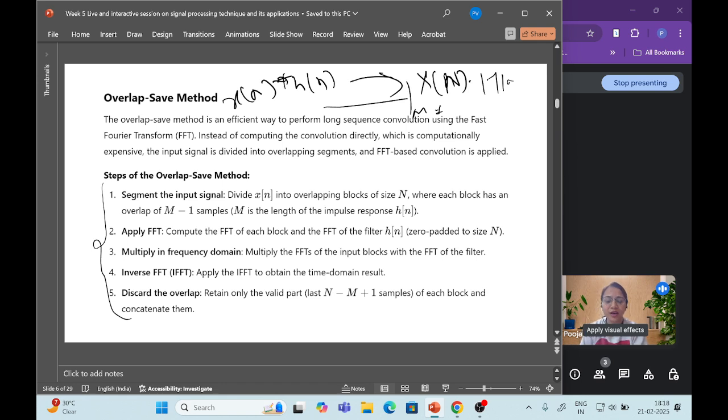Then find the inverse FFT, and remove the M minus 1 padded samples from each block, or add the corresponding blocks. You have seen this in the video lectures already: divide, pad M minus 1 zeros, then discard them.